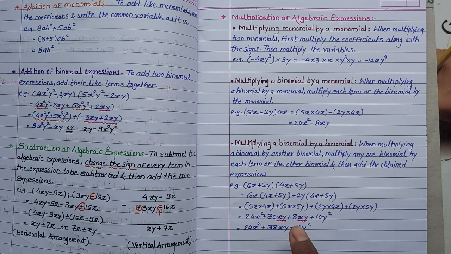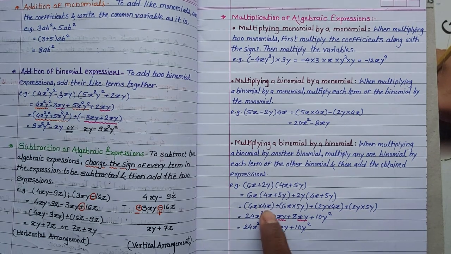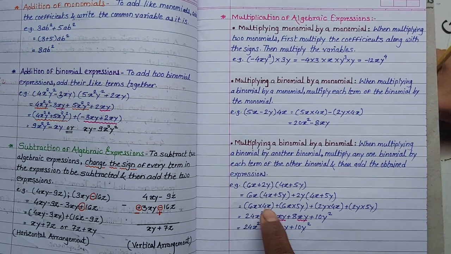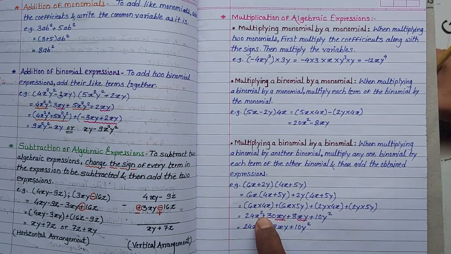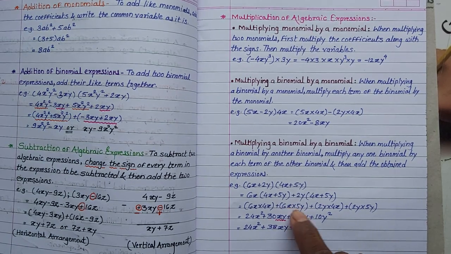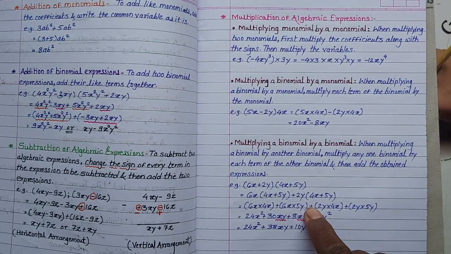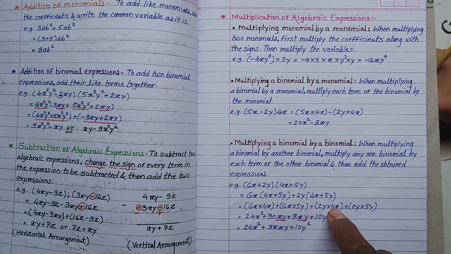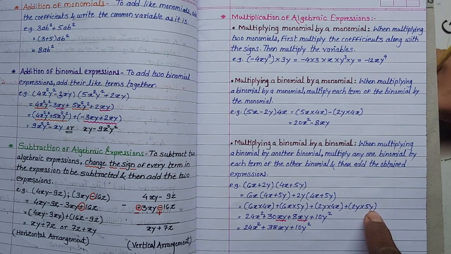What we obtain here: 6 4s are 24, x multiplied by x is x square; then 6 5s are 30, x multiplied by y means xy; plus 2 4s are 8, and yx you can write as xy; plus 5 2s are 10, and y multiplied by y, 2 times y, means y square. This is only in multiplication, students, so keep this in mind.